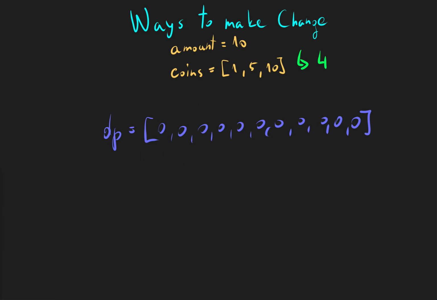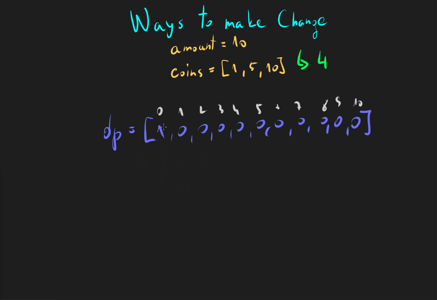Why is that? Because we know that indexes start with 0, right? We need to take care of this before we start solving. There's only one way of making change for 0, right? There's only one way.